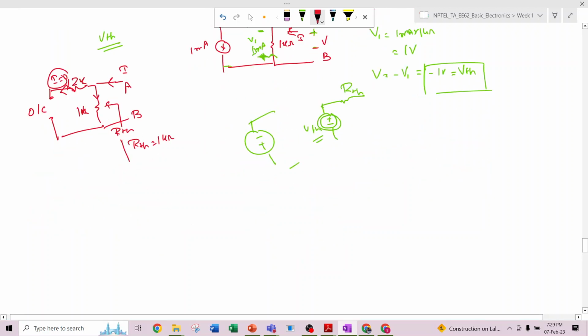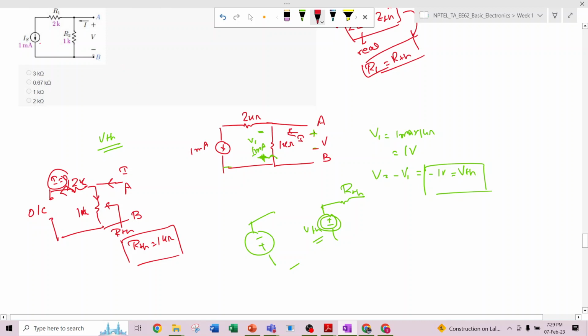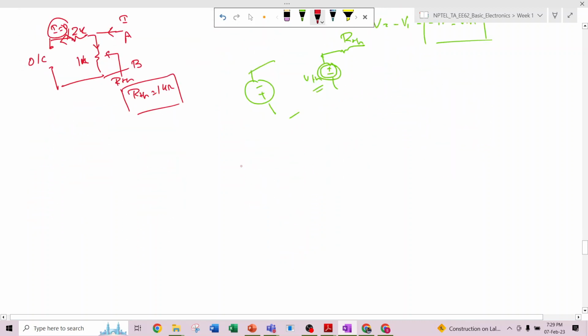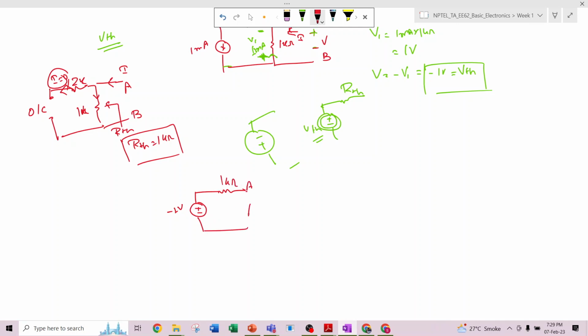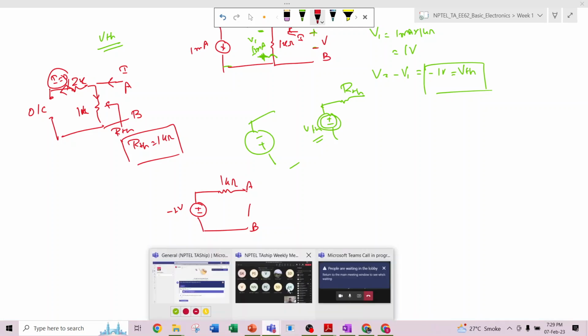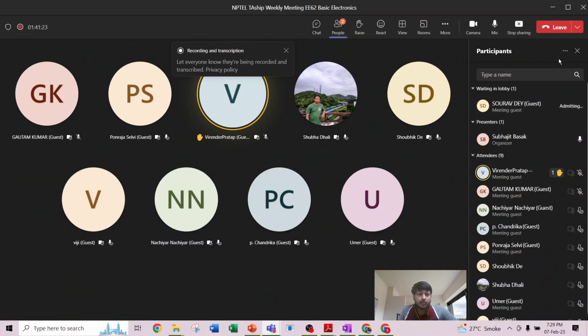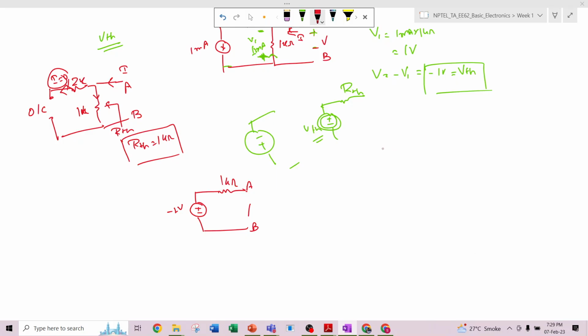So you have got the values of VTH and RTH, and the equivalent circuit can be considered as minus 1 volt according to our convention, with 1 kilo ohm, where this is point A and this is point B. So here we can rewrite the circuit like this.